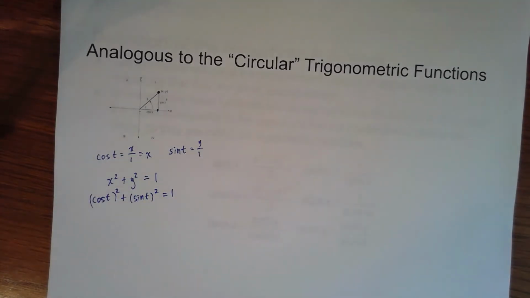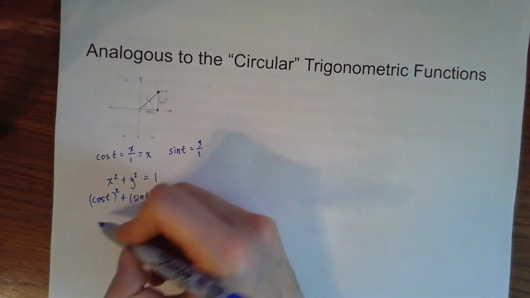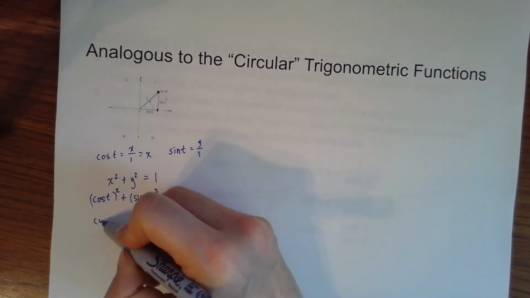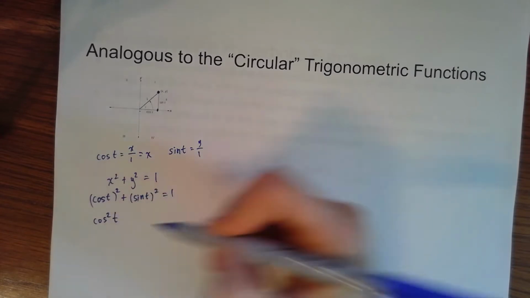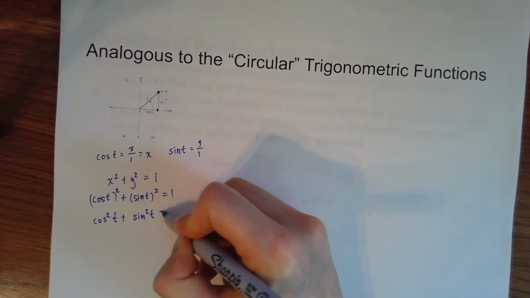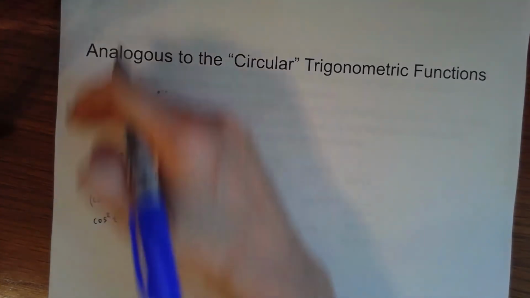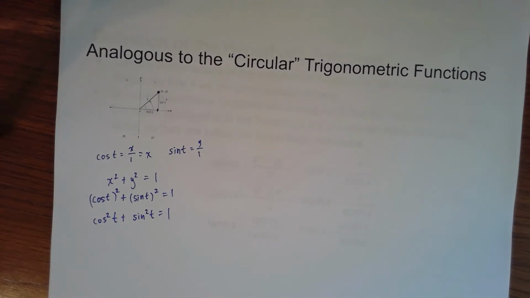And that's where we get our Pythagorean identity of sine squared plus cosine squared equals 1. I'll just leave it in the same order: cosine squared plus sine squared equals 1. So there's this whole relationship to the unit circle.